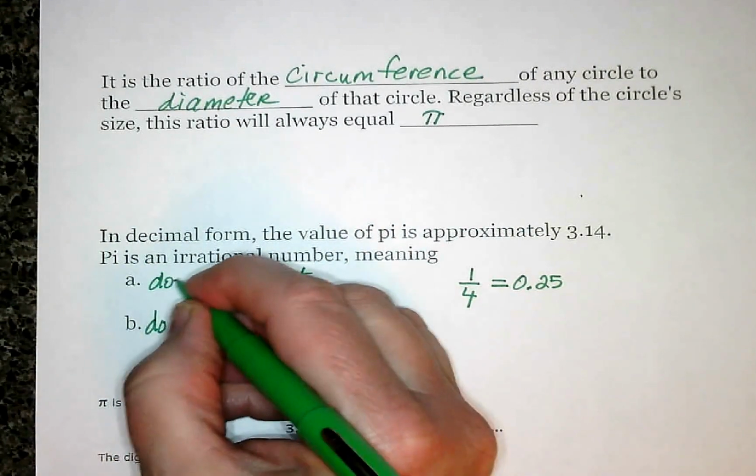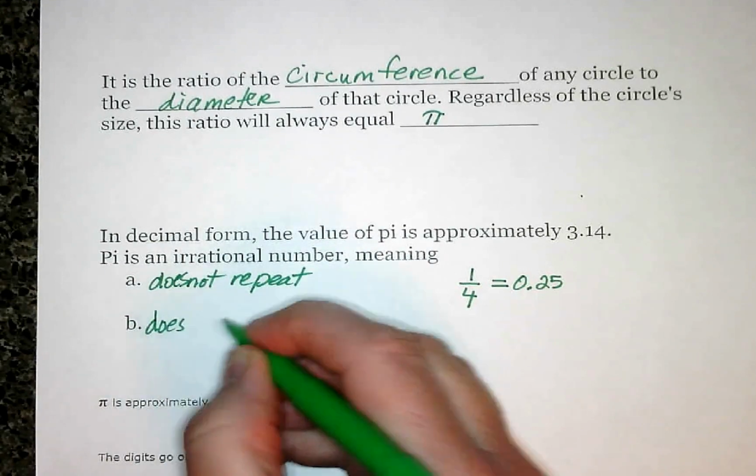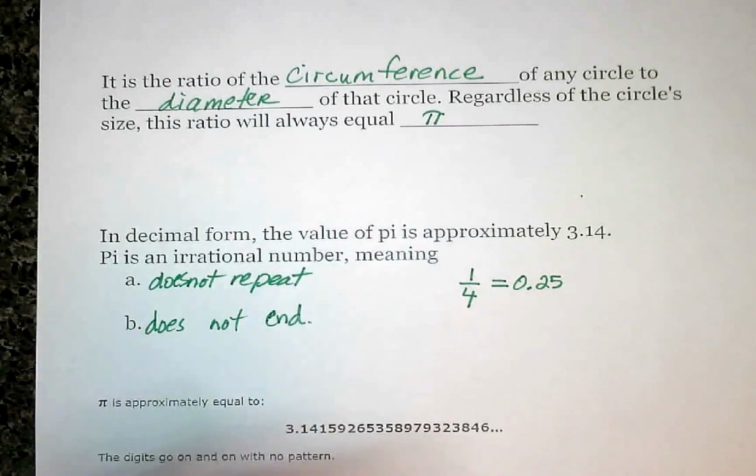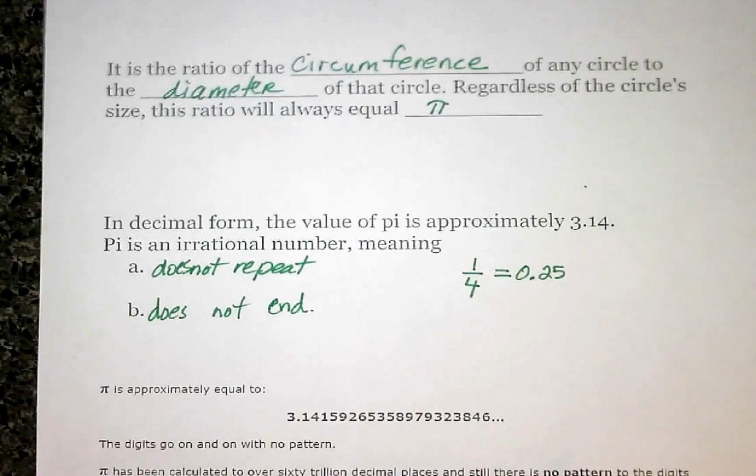Or terminate is another way that we sometimes say that. So in other words, pi goes on and on and on, and it never repeats a standard or a common number.